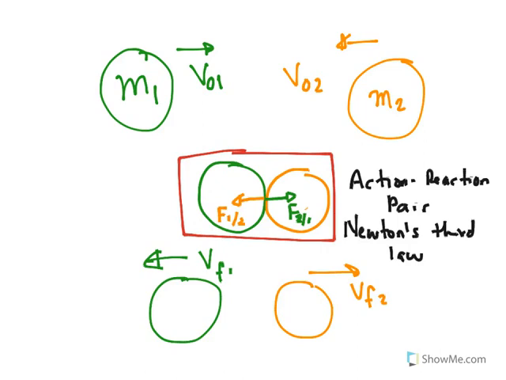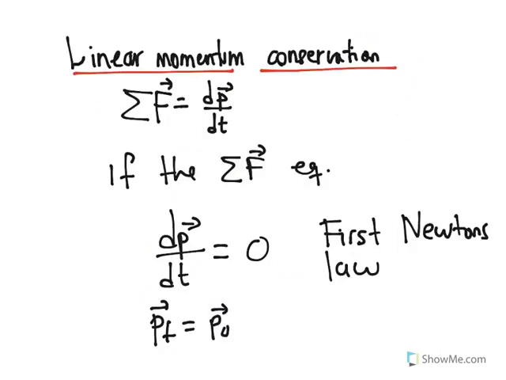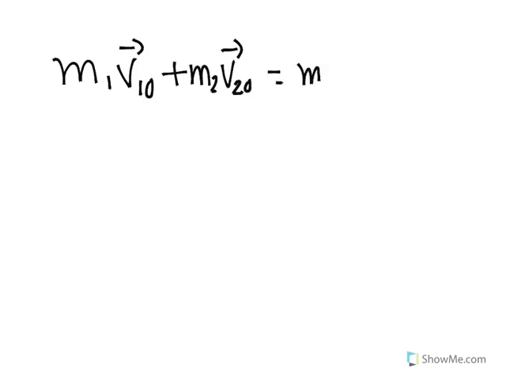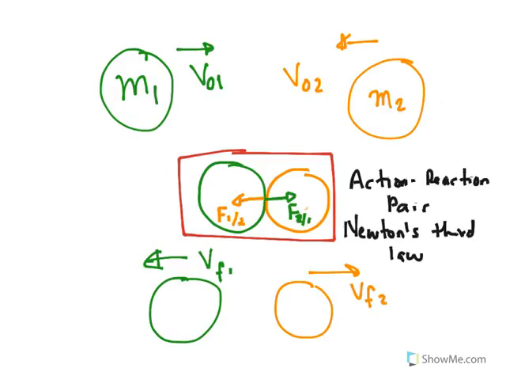So if the sum of forces is equal to 0, then momentum is conserved. So what is going to happen during the collision? Well, momentum is conserved. So mass 1 times velocity 1 initial, plus mass 2 times velocity 2 initial, which is the initial momentum of the system, is going to be equal to mass 1 times velocity 1 final, plus mass 2 times velocity 2 final, which is the final linear momentum of the system.